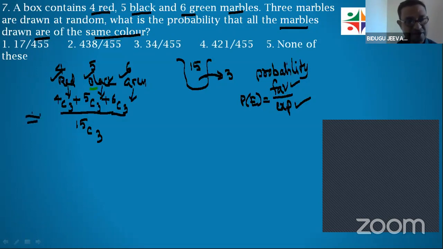Now expression is over. Now simplification, right? 4C3, all 3s are there. Simple smart method of simplification. Fine. Let me write 4 must be reduced for 3 times, plus 5 must be reduced for 3 times, and 6 3 times.